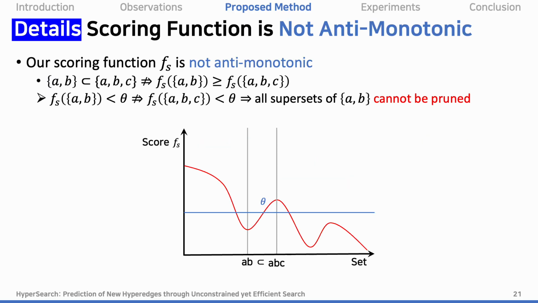The score of a hyperedge candidate can increase when additional nodes are added. For example, even if ABC is a superset of AB, its score can be higher than that of AB. Because of this property, our scoring function is not anti-monotone, so we cannot safely prune supersets based on the score of their subsets. This motivates the need for an anti-monotone upper bound.